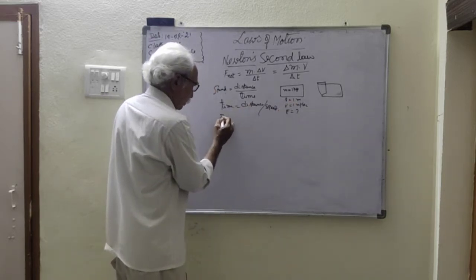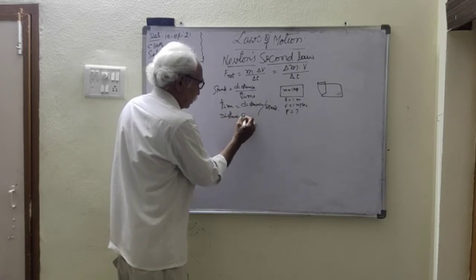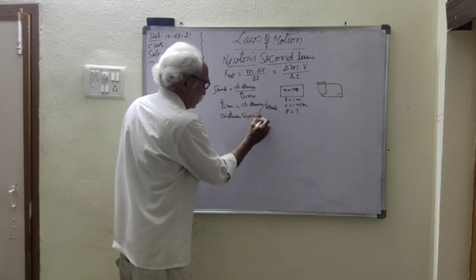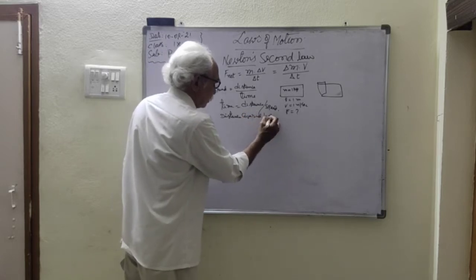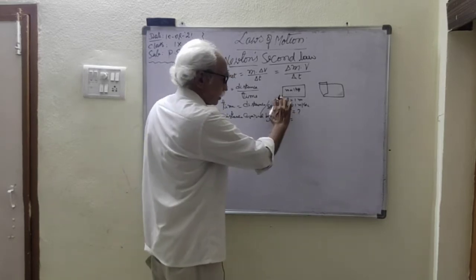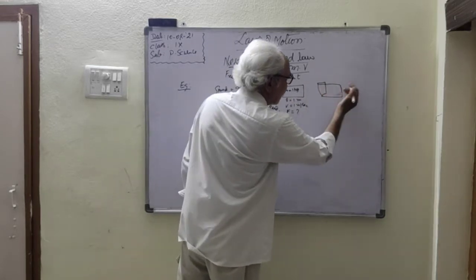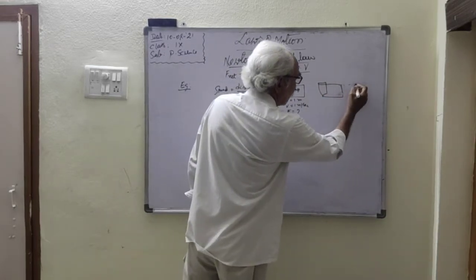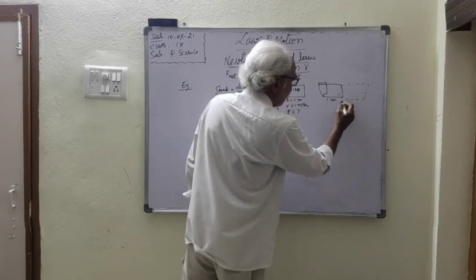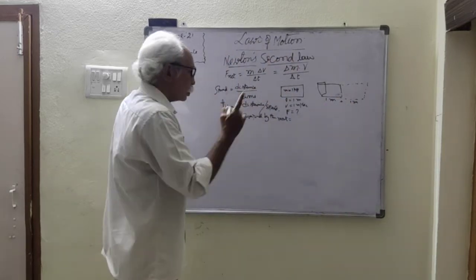The distance covered by the mat: originally the length is 1 meter, and when it is folded to the other side, the mat moves up to this level. So here is 1 meter plus here again 1 meter. Total distance is 2 meters.